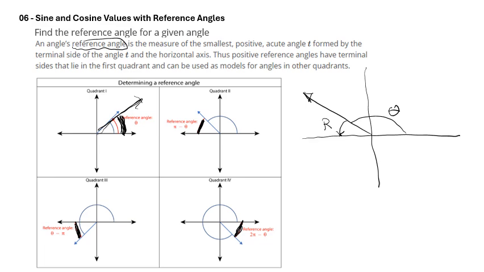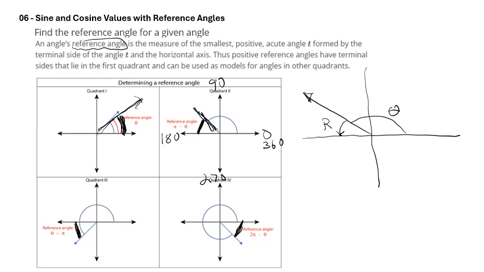Now, if you keep in mind that this is 0, 90, 180, 270, 360, well, guess what? If you're in this quadrant, 180 minus the angle is going to be the reference angle. Or if you're working with pi, pi minus the angle would be the reference angle.